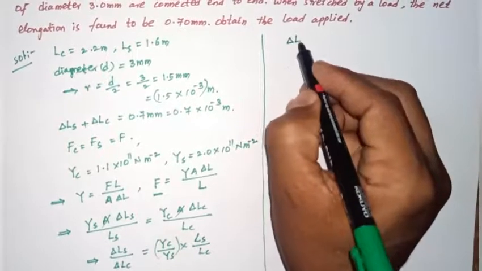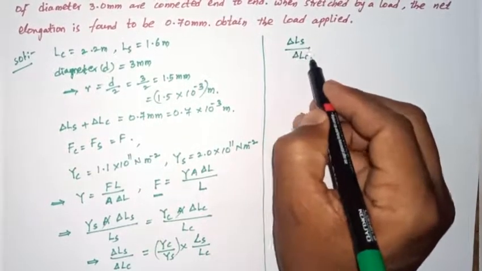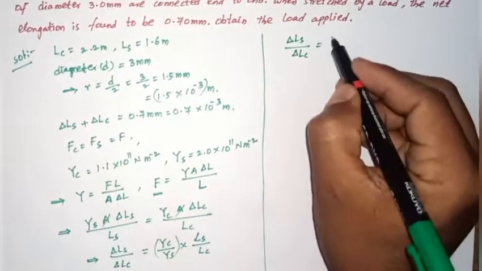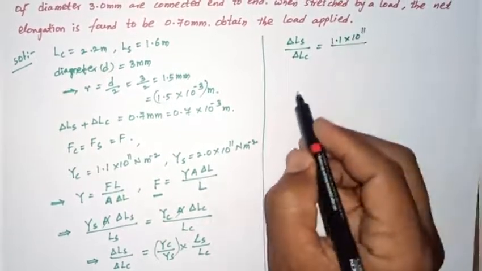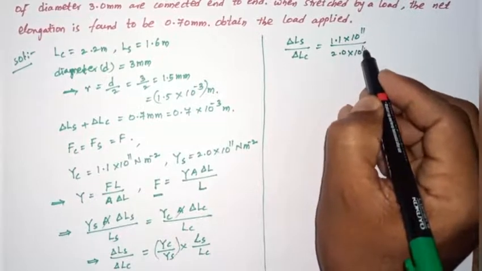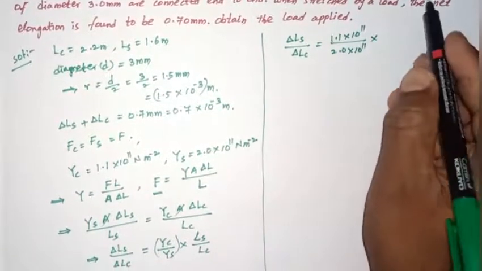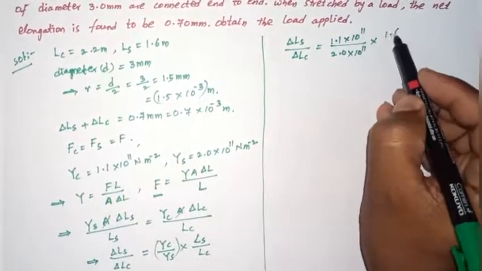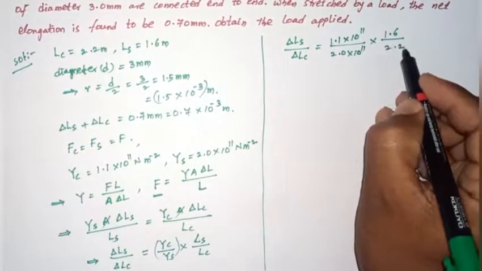Delta Ls by delta Lc equals, so what is Yc? Yc is 1.1 into 10 to the power of 11 divided by Ys 2.0 into 10 to the power of 11, into Ls, the length of steel, 1.6, divided by 2.2.